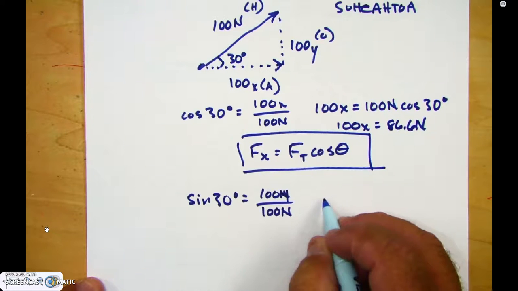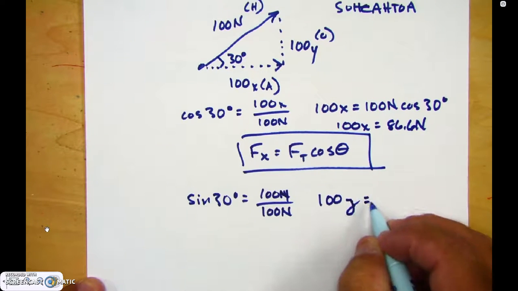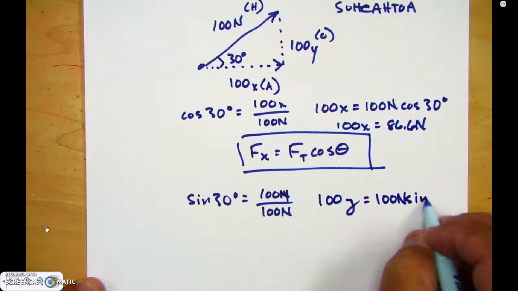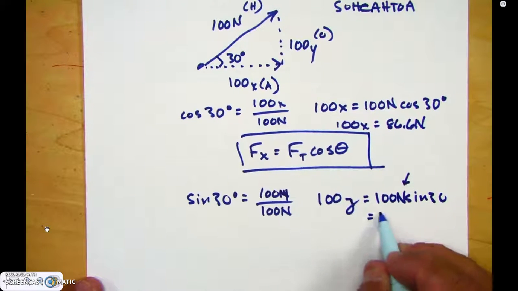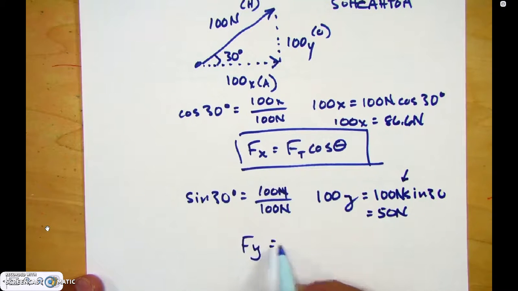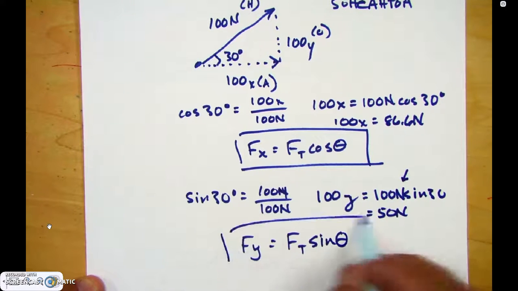Presto changeo, little mathematical genius wizardry stuff here, and you get 100y is equal to 100 newtons times the sine of 30. Notice how the units stay there. There's no reason for it, and that's equal to 50 newtons. And so the generic way of saying it is Fy is equal to Ft times the sine of theta.